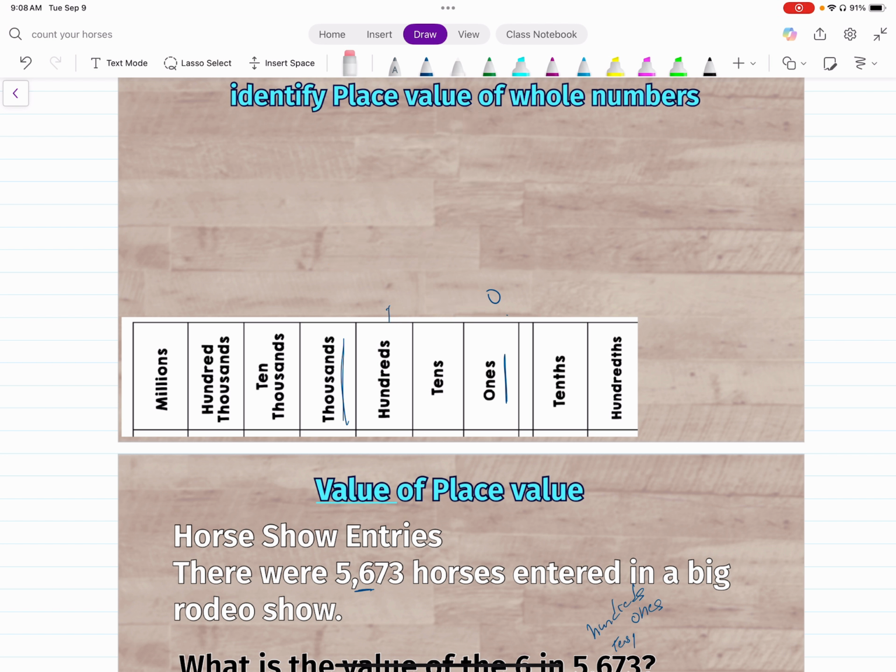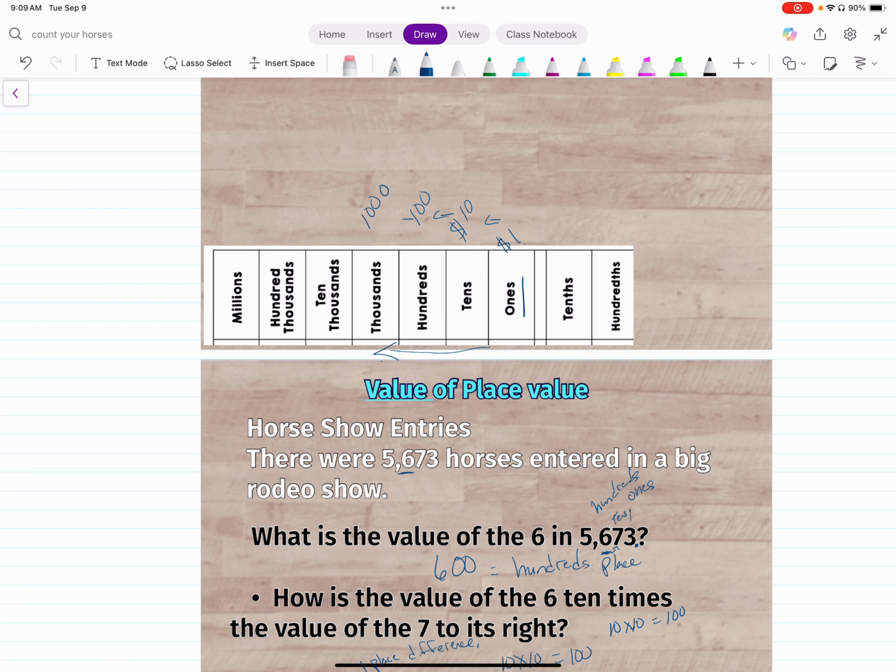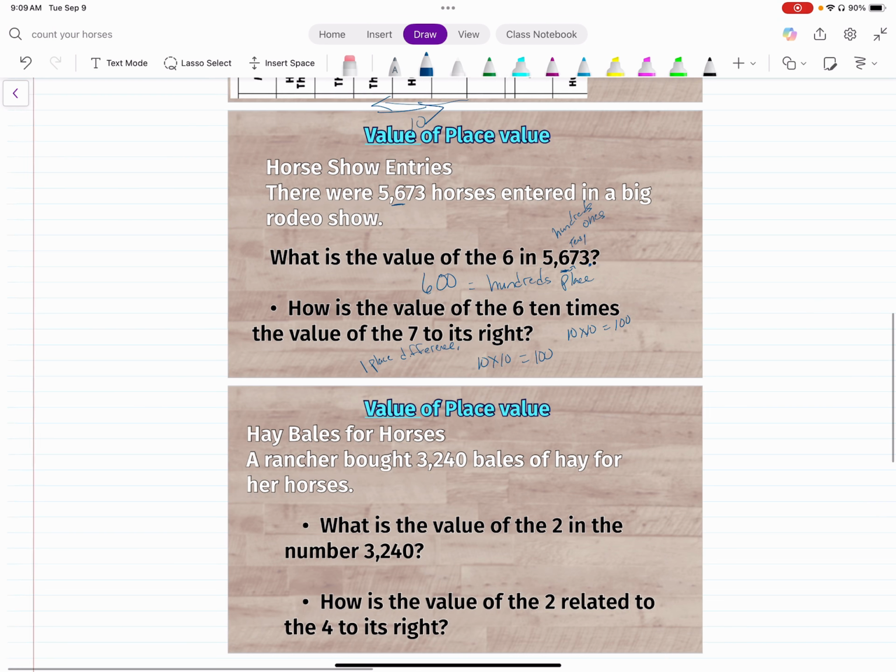Imagine you had a cheap horse that's only worth $1, and then you move to the stall next to it. Now that horse is worth $10. And then you times that one by 10, so now this is a $100 horse. Each time you move over, the horse value goes up because the further you walk down your barn alley this way, the more their value increases. And vice versa, the more you go this way, they go down by 10 because we're in a base 10 system here.